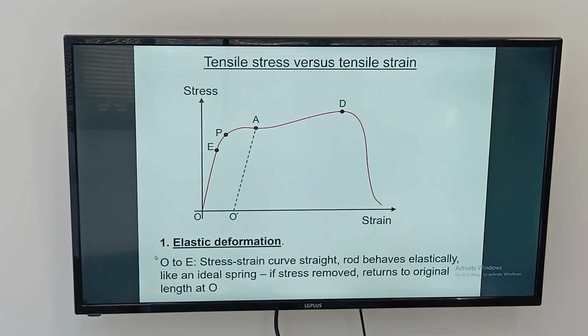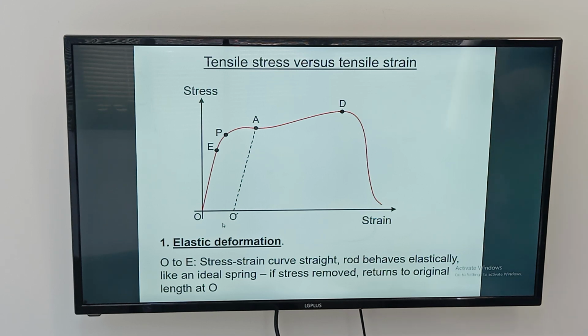Number one, elastic deformation. The elastic deformation is from point O, which is 0, to point E. The stress to strain curve, as you can see, is a straight line. The rod behaves elastically, like an ideal spring.